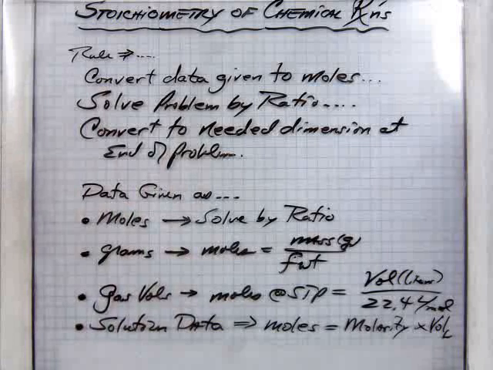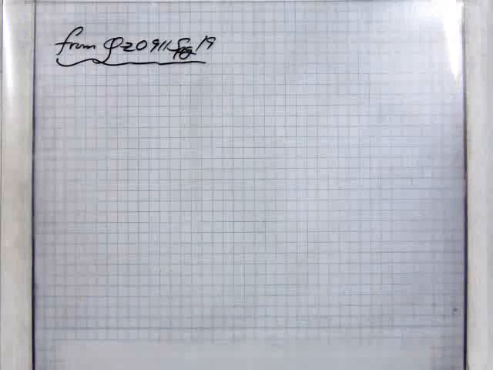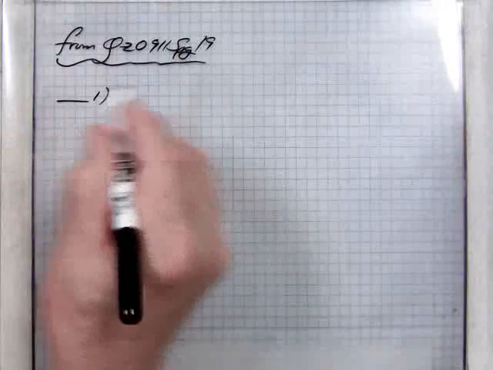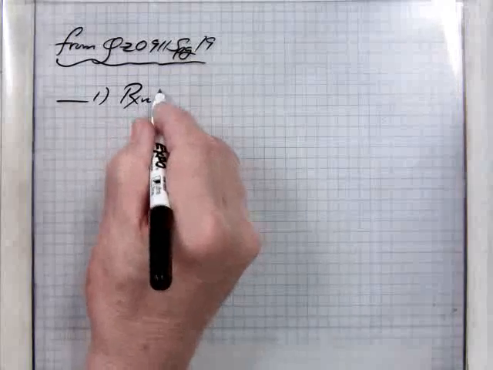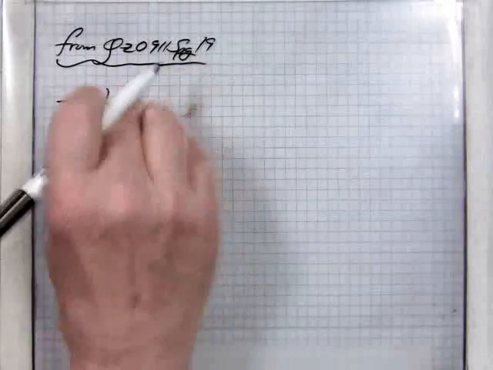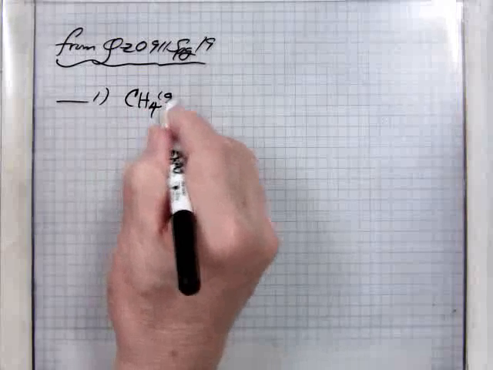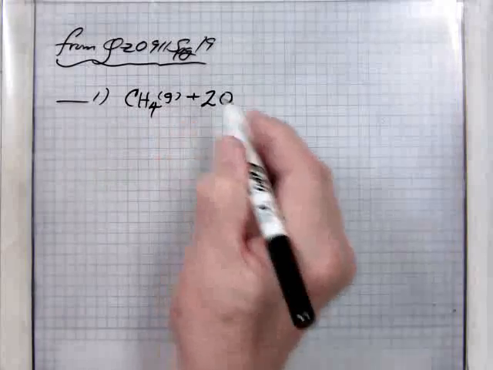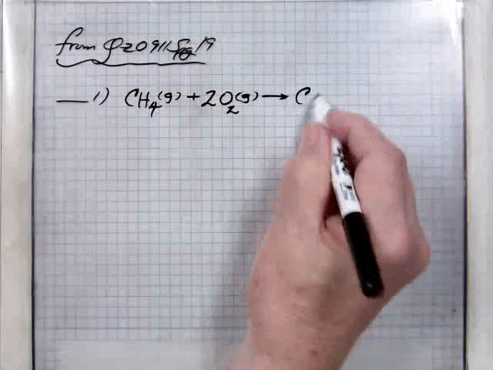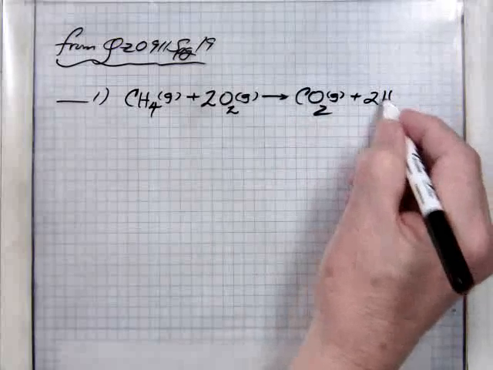Okay, let's see if there's something else. Okay. Consider the combustion reaction: methane plus oxygen gas, molecular oxygen, always goes to CO2 gas, plus 2 moles of water.